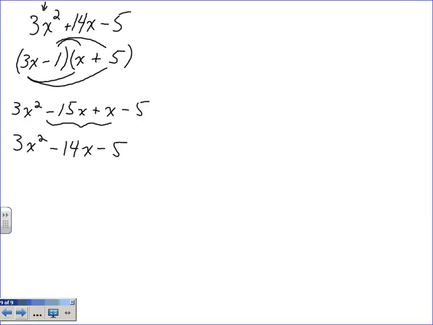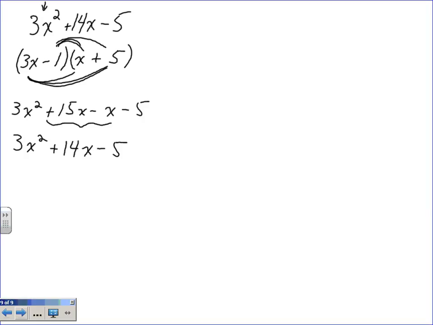Because if I do that, my outside terms, 3x times 5x, will give me a positive 15x. And negative 1 times x will give me a negative x. And 15x now minus x will give me a positive 14x.